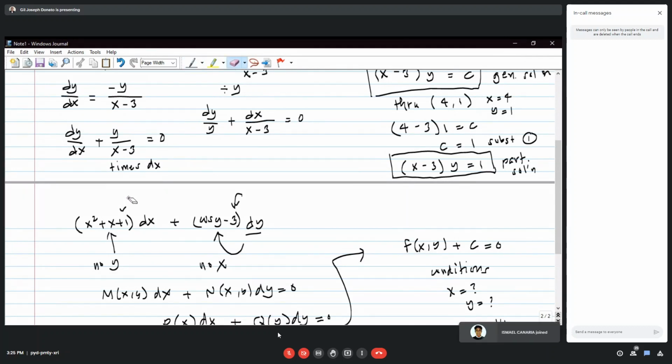Kasali yan kahit na merong cosine, tangent, hyperbolic sine, kung ano man yung nakikita nyo sa calculator ninyo ng mga functions, pwede yan. As long as meron siyang x at saka meron siyang y. Kung meron siyang ordinary constant, pwede magsama yan kahit saan.